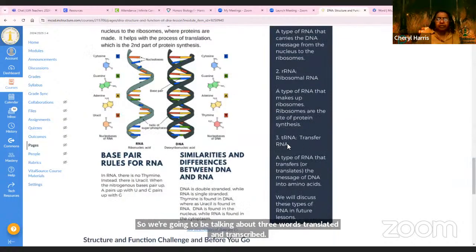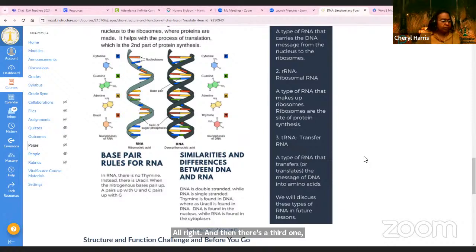And then there's a third one, the transfer RNA. That's the one who's like another little messenger, but he's out in the cell, and he has to go get the parts to assemble together what the instructions say to make. In this case, we're talking about amino acids, because remember we said amino acids were our units for making proteins.